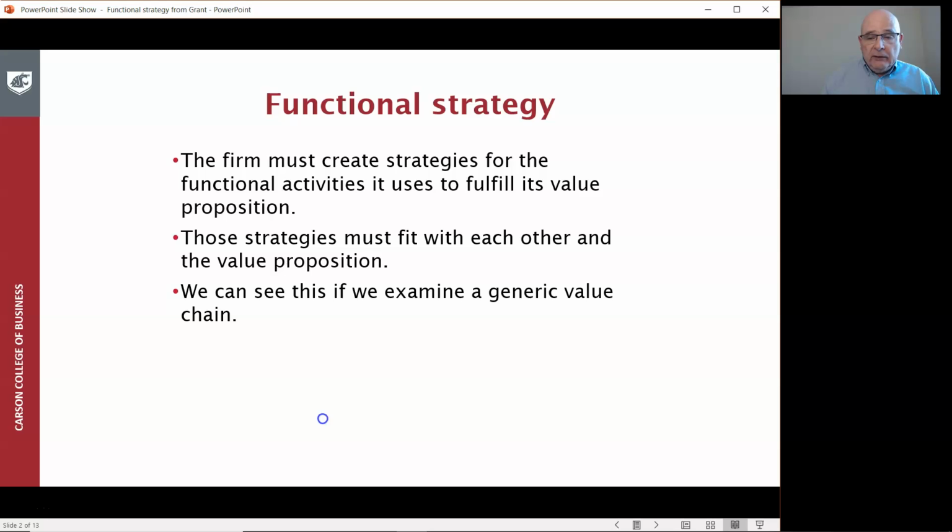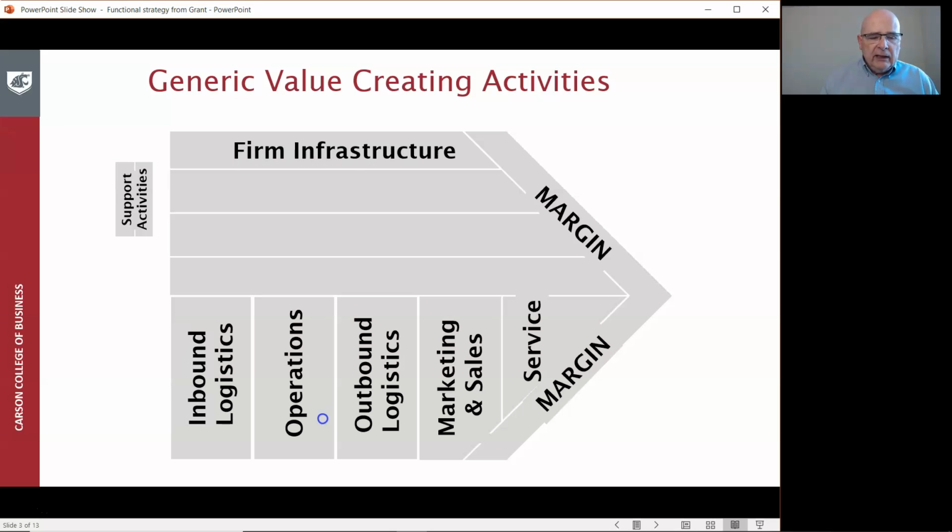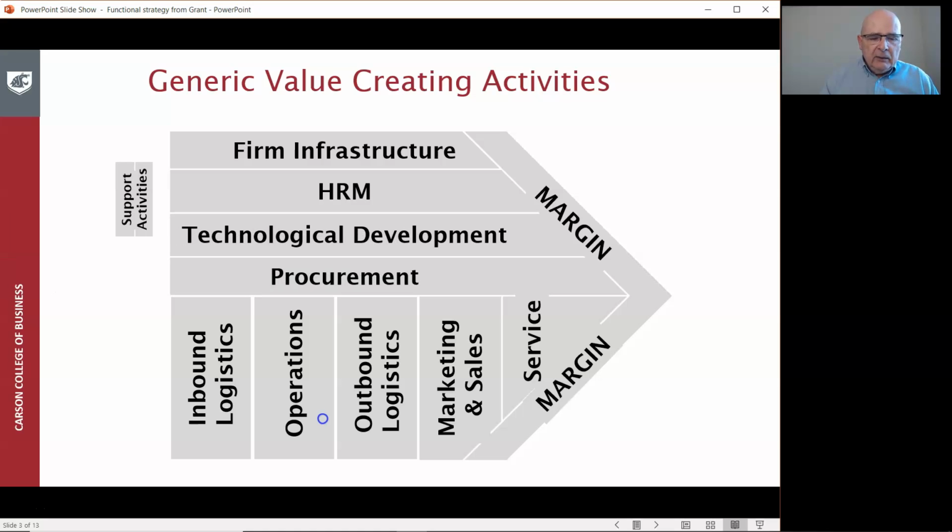And we can see how this works if we look at a generic value chain. Generic strategy and value chain are things that are intuitively easy, but that we'll talk more about later. So a value chain has the value creating activities, and there's a generic set of them: inbound logistics and so on, along the bottom axis.